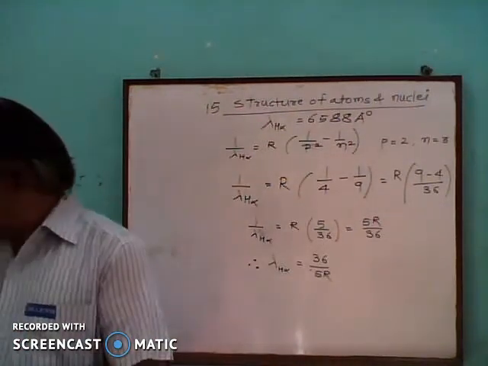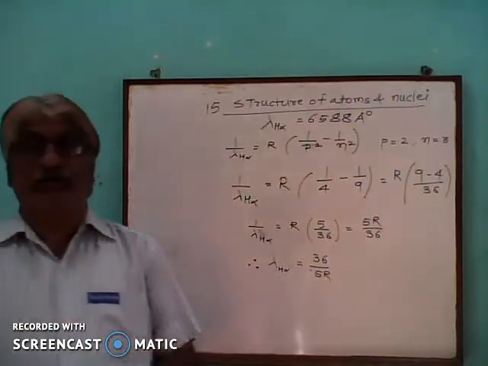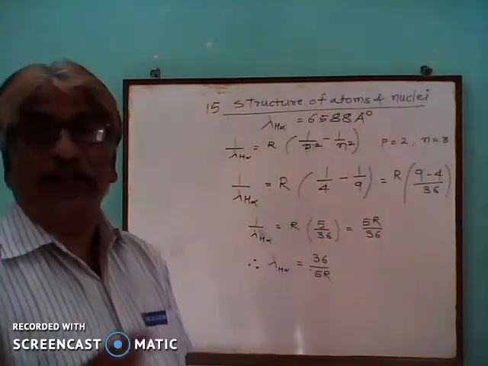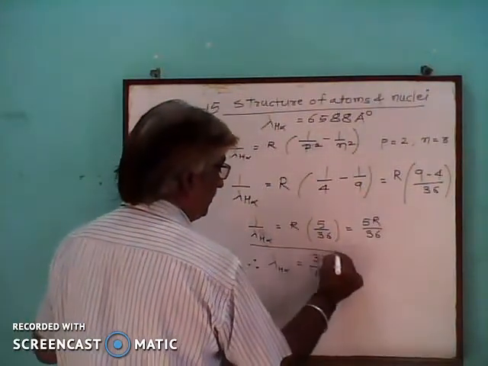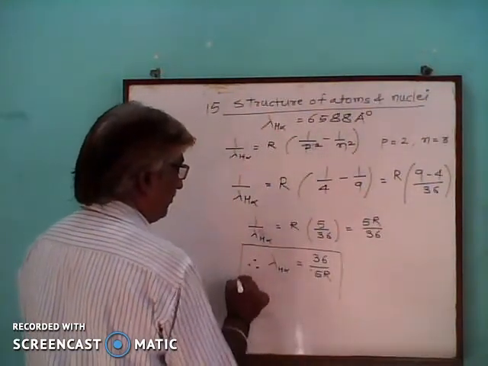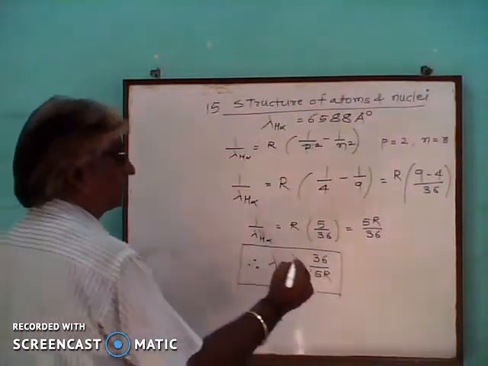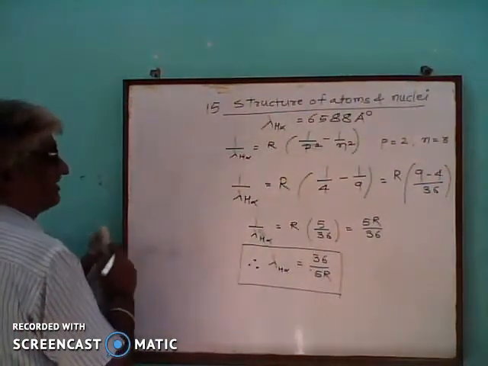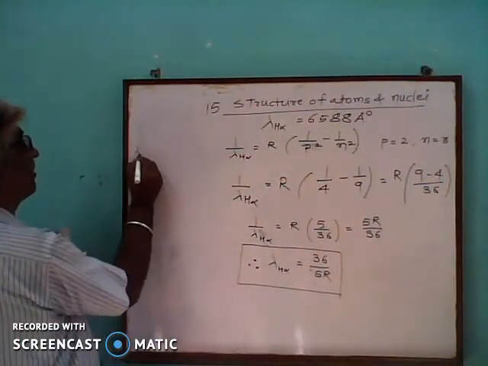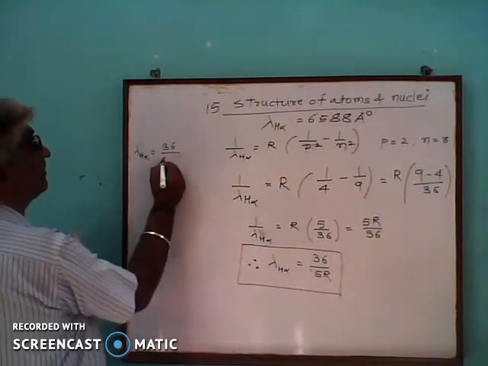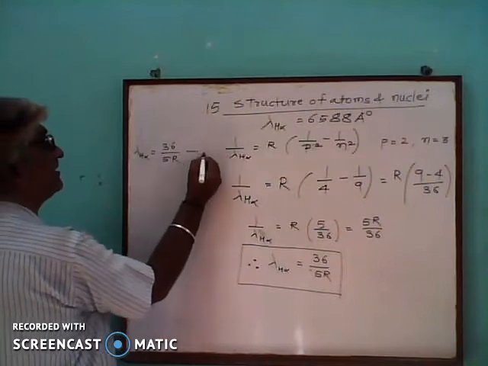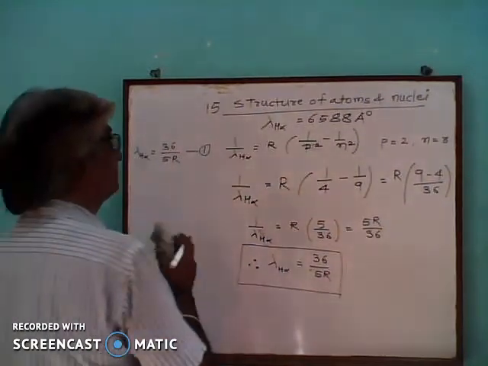See here, we want to find wavelength for H beta line, but here we can find out wavelength for H alpha line. Suppose this is taken as equation number 1: lambda H alpha is equal to 36 upon 5R.